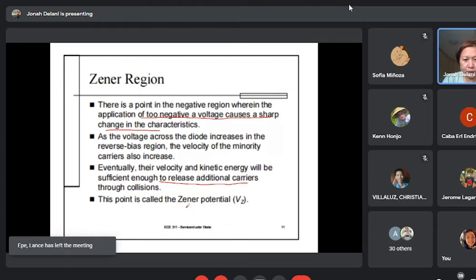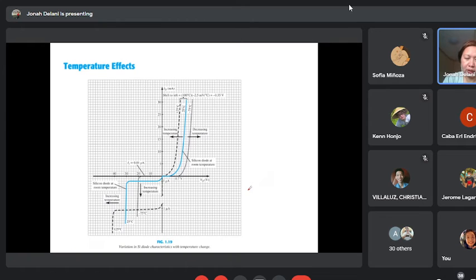So this point is called the Zener potential or the Zener voltage. Potential is sometimes used interchangeably with voltage. So sometimes I use electric potential instead of voltage. I'm not sure if they are exactly the same, but in this case, when I discuss it, they are used interchangeably and they mean the same.